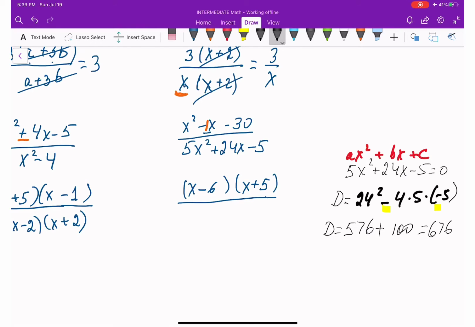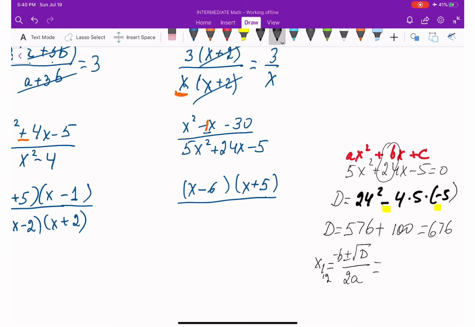Okay, next what we are going to do is find x1 and x2. So x1,2 is equal to negative b plus minus square root of d over 2a. Negative b, when I look, is going to be negative 24, because b is 24.